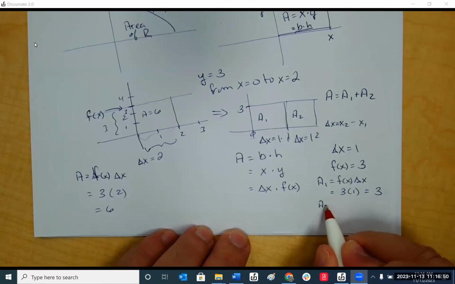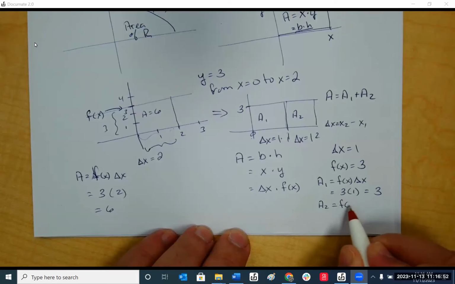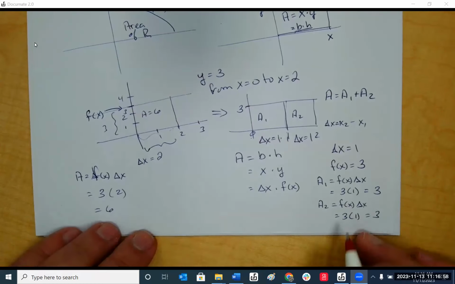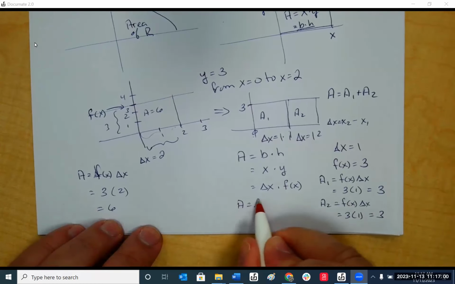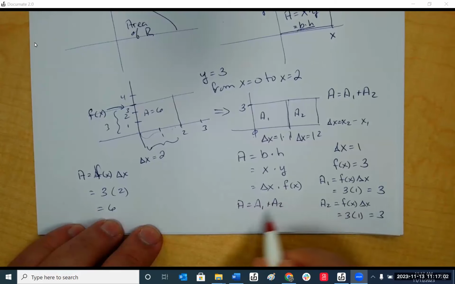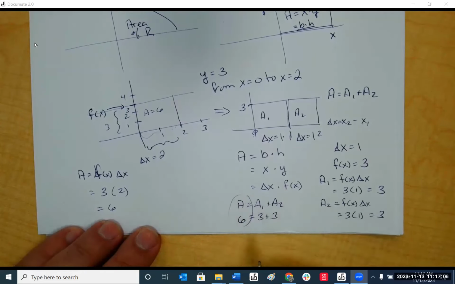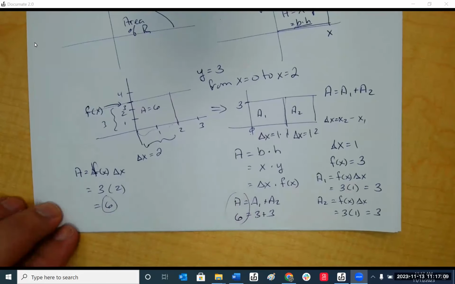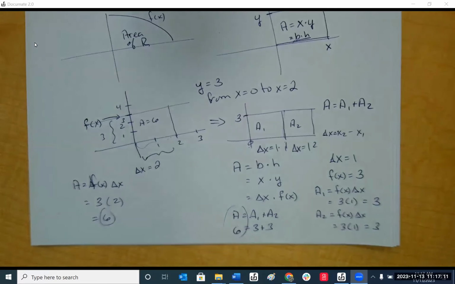And area 2, same thing: f of x times delta x, 3 times 1 is 3. So if we add up A1 plus A2, our area is 6, the same as before. So that is what our idea is all about.